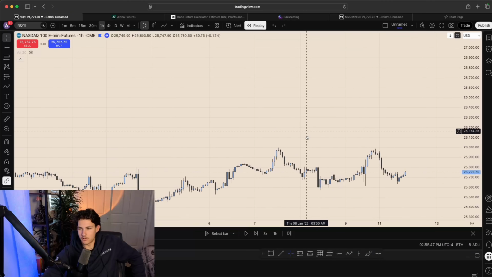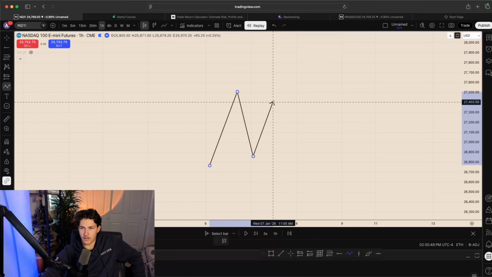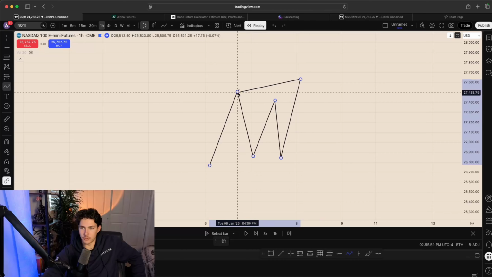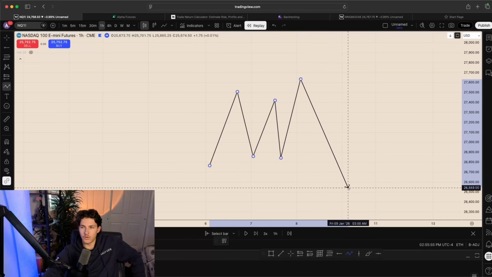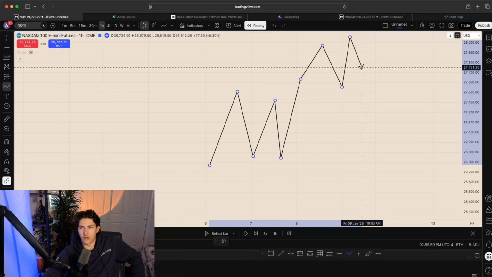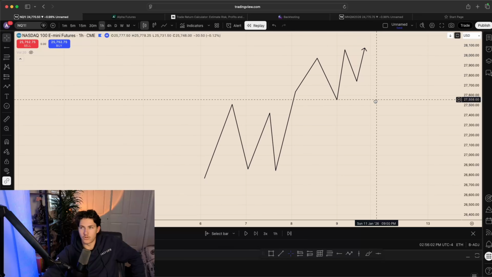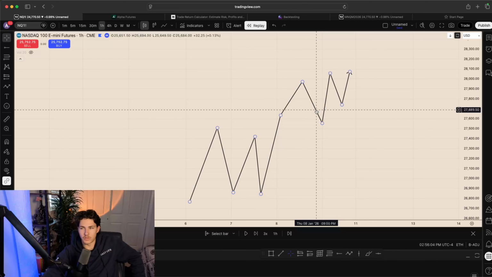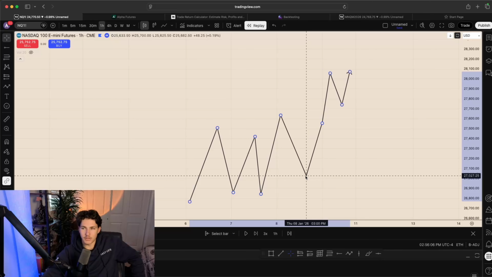Because like I said, price has different levels that it can come up to, right? This level right here. And you don't know if it's going to reverse and go down or if it's just going to continue going up.